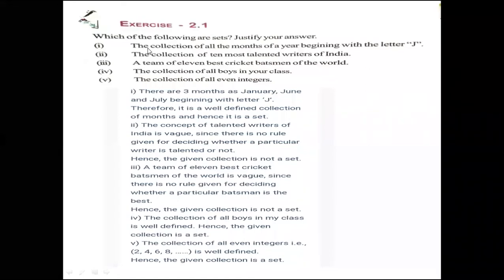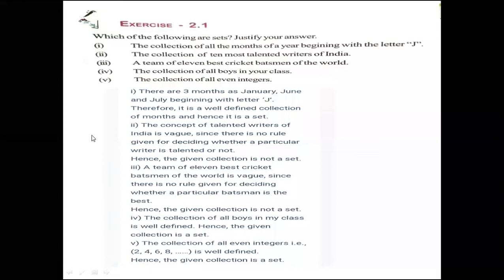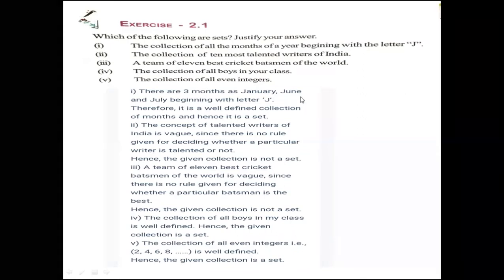So the question is: the collection of all the months of a year beginning with the letter J. Here there are 3 months, as we know: January, June and July begin with the letter J. So we can say that it is a well-defined collection of months, and therefore it is a set.